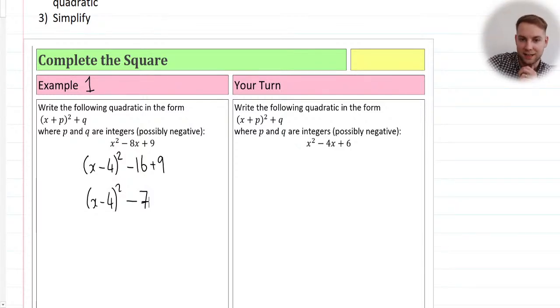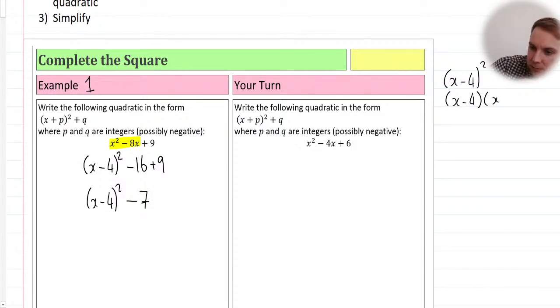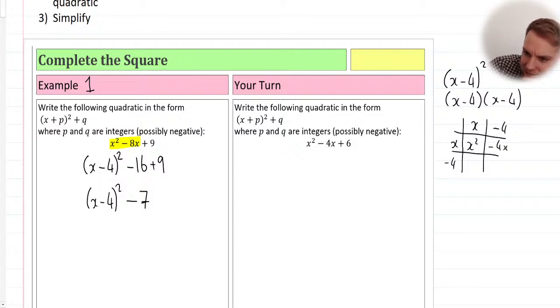Now let me show you why that is. If I had x minus 4 all squared, we know that it gives me these first two values here, and I'll show you that. x minus 4 squared means x minus 4 times x minus 4. If I use the grid method for this, that's going to be x squared, minus 4x, minus 4x, positive 16.